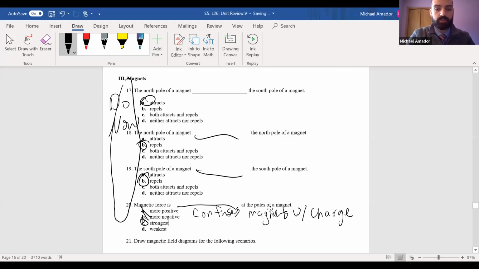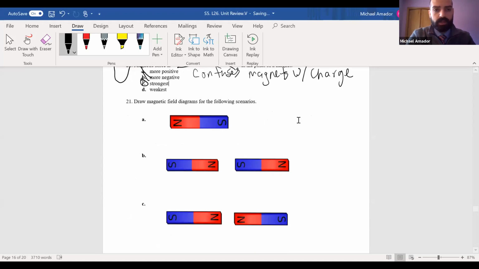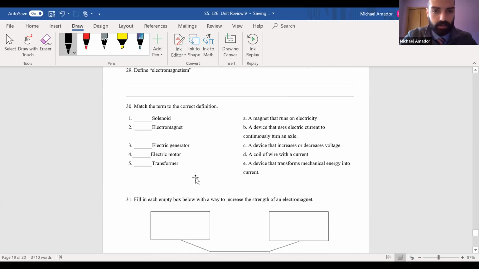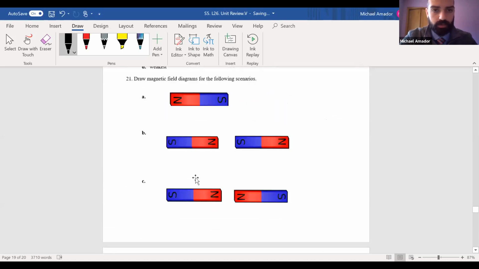The magnetic force is strongest at the poles. We've drawn these diagrams a bunch recently. We also just did electromagnetism. Let's review.